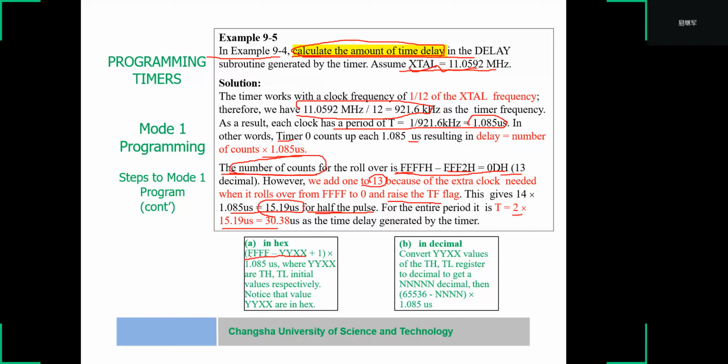This is the maximum value, this is the initial value, add 1, times the machine time. So you can get the amount of delay time.